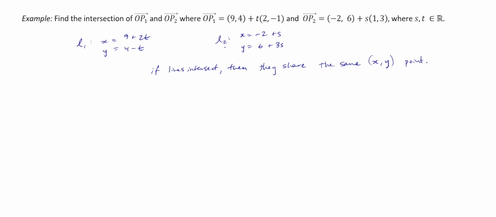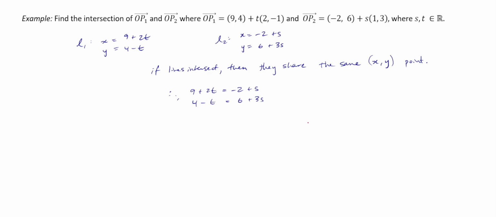So what I'm going to do is set the x value of this parametric equation to the x value of this parametric equation. Therefore, 9 plus 2t is equal to -2 plus s. And then I'll set the y values equal: 4 minus t is equal to 6 plus 3s. And so I have two equations, two unknowns.